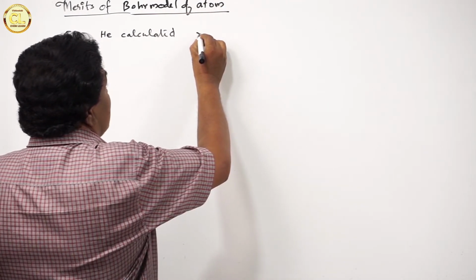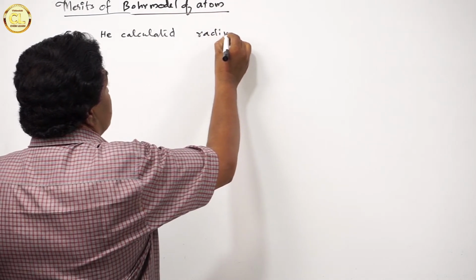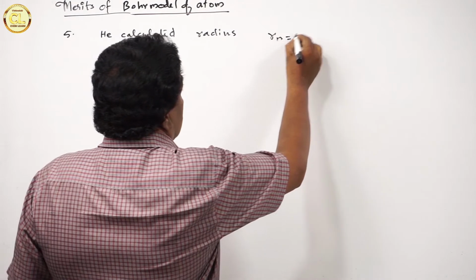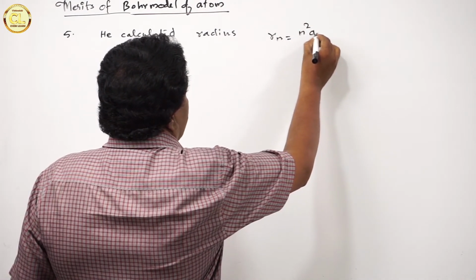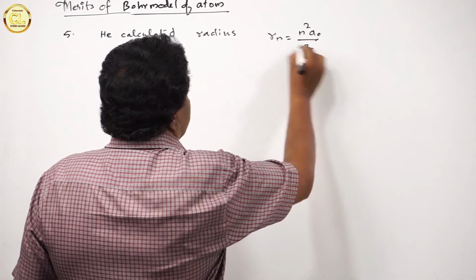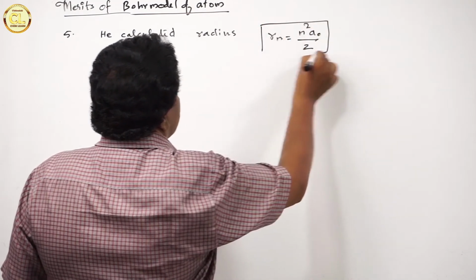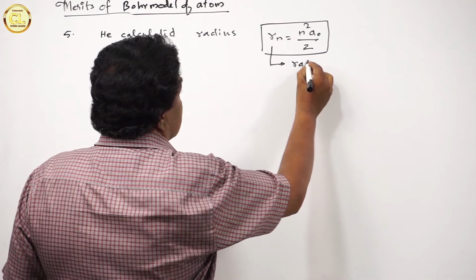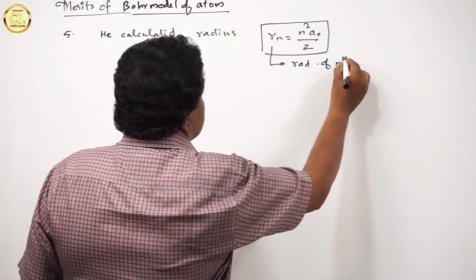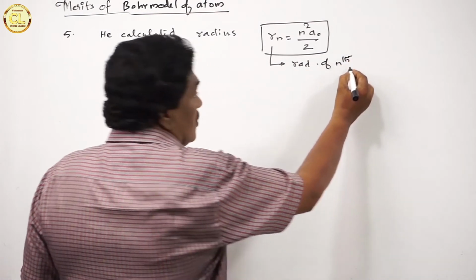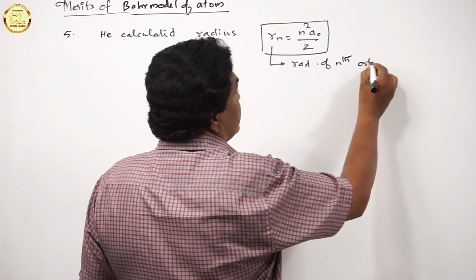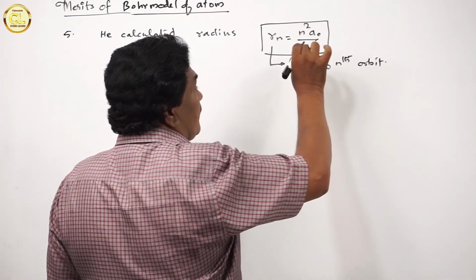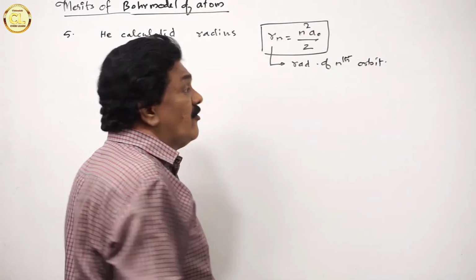It's expressed by the equation Rn is equal to n square into A0 by Z, where Rn is the radius of nth Bohr orbit. N is an integer like 1, 2, 3, 4, etc. It stands for the number of orbit.